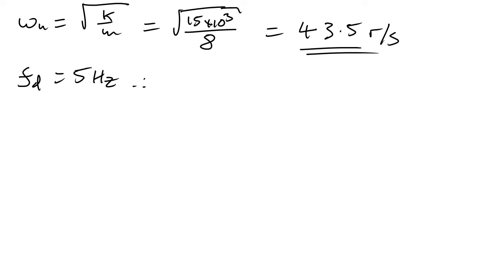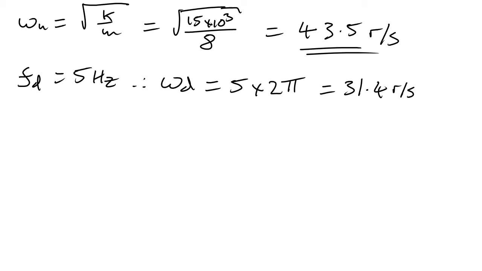So then, therefore, our frequency in radians per second will be 5 Hertz times 2 pi, which gives me 31.4 radians per second. And as I mentioned on the last slide, we're looking for this to be a lower value than that because the damped oscillation is slower than the natural frequency.